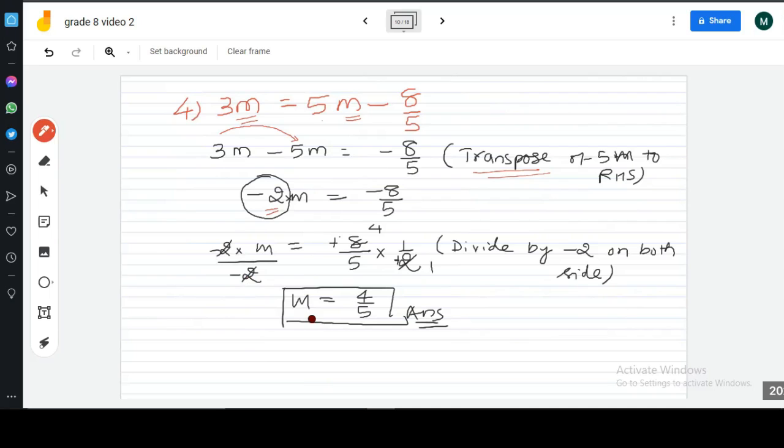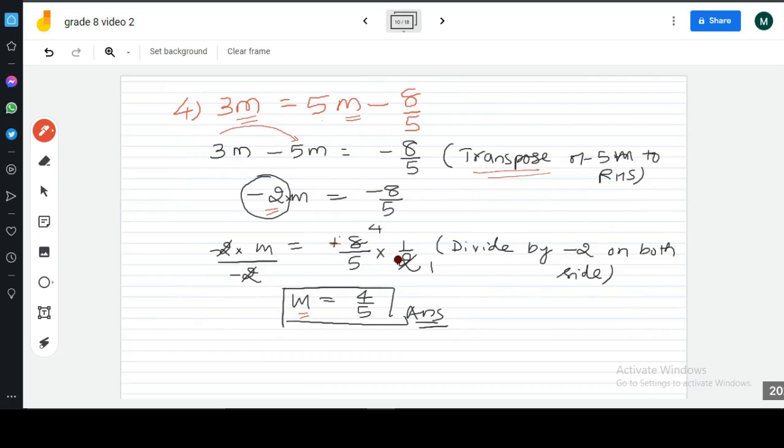You are left with only m on the left side, and on the right side minus 8 by 5 is divided by minus 2, means it is multiplied by its reciprocal, that is 1 by minus 2. So since both are negative, minus 8 by 5 and this 1 by minus 2, the product of two numbers with the same sign will become positive.